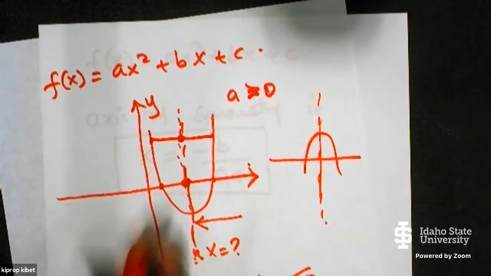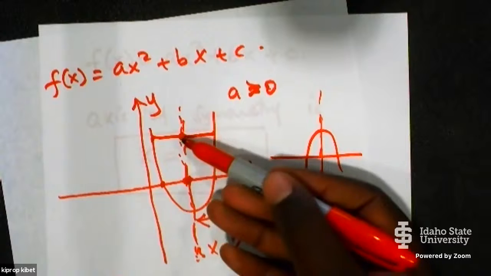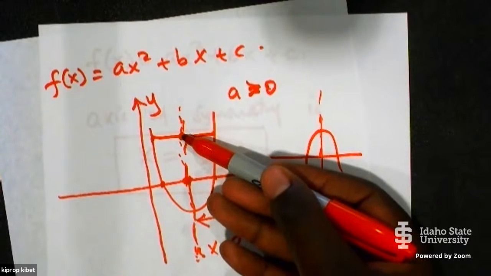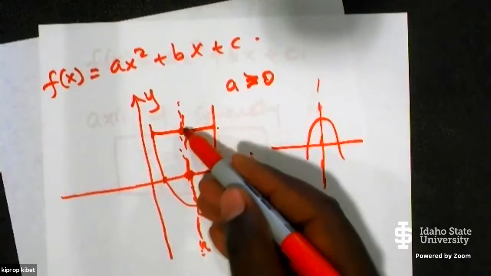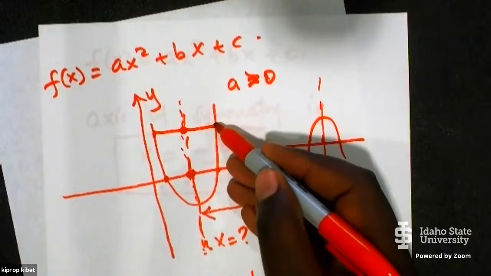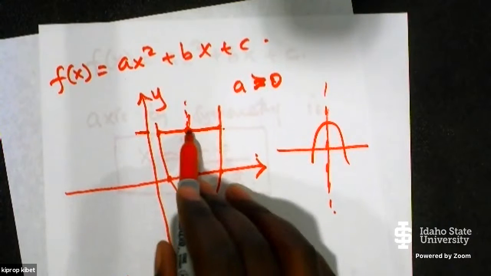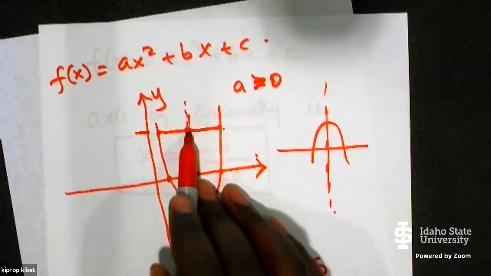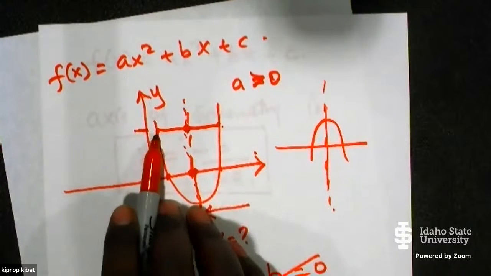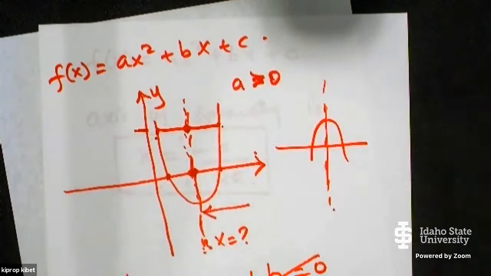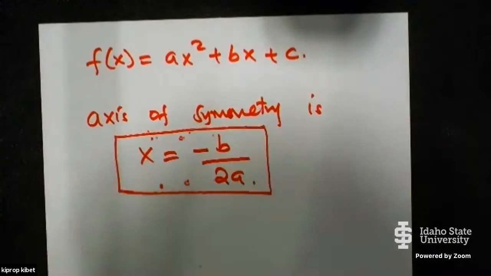So if you want to draw this graph, as long as you've gotten the axis of symmetry and the value of y at some point, then to get the other points, you go the same distance to the left and the same distance to the right. I will show you how to do it. So that is the axis of symmetry.